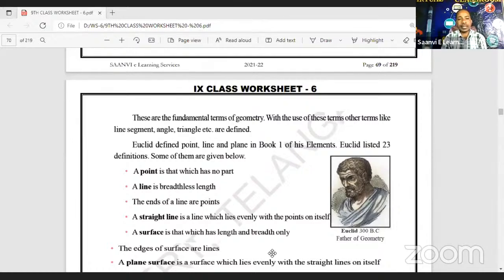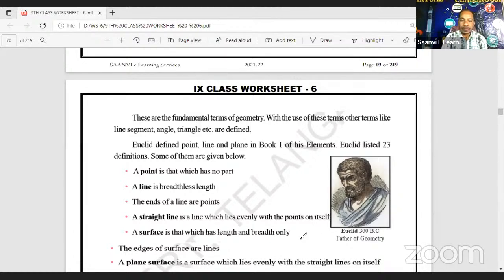So what are the endpoints in a line? Those endpoints are called points. A straight line is a line which lies evenly with the points of itself. And a surface is that which has length and breadth only.